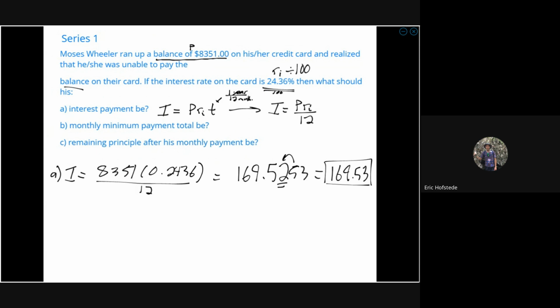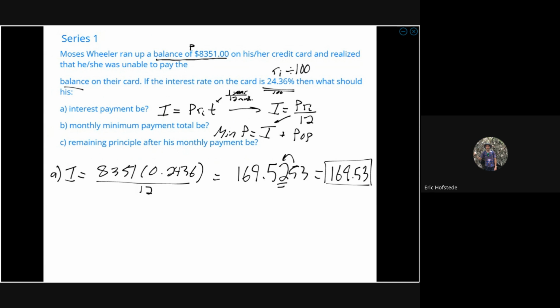Now, monthly minimum payment. We need a new equation. It does in part include the interest. Monthly minimum payment, though, we'll summarize it as minimum payment, is going to be my interest cost, which I just calculated, plus a payment off principal.